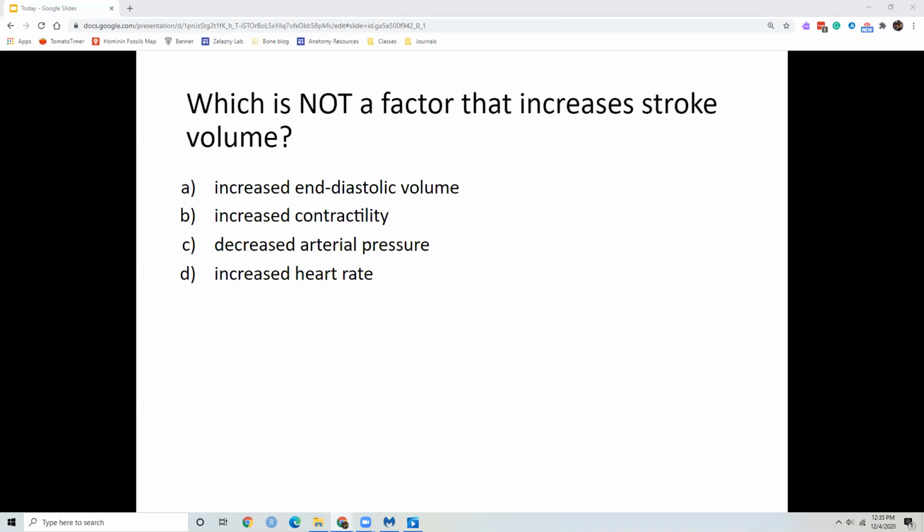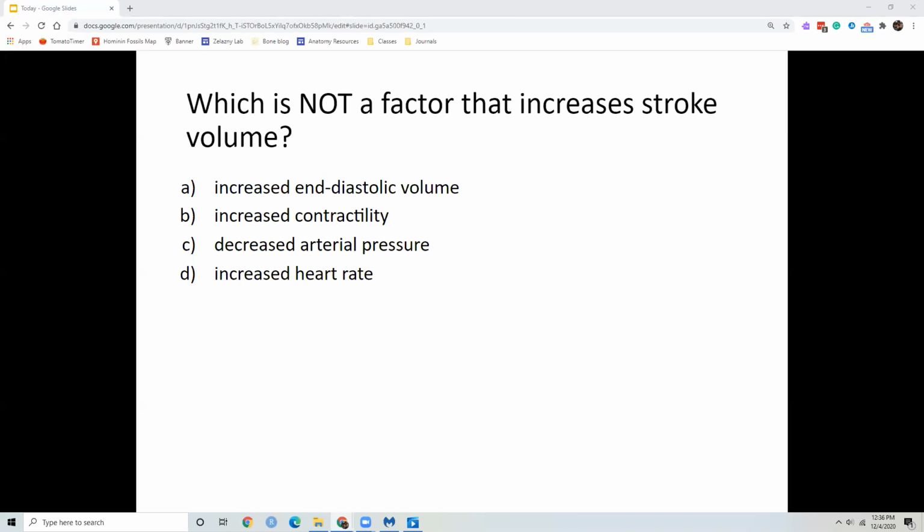So increasing the heart rate is not going to be changing the stroke volume per se. It might be related to other changes. And we'll see as we talk about sympathetics and parasympathetics how heart rate does go along with some other effects in the heart. But increasing the heart rate by itself doesn't increase the stroke volume.